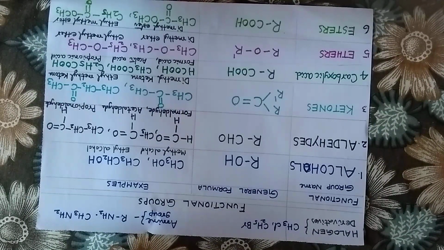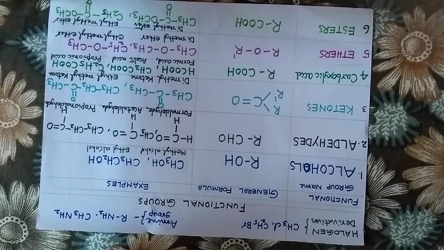What is the general form of alkyl group? CnH2n plus 1. Methyl, ethyl, propyl, butyl, these are called alkyls. So here dimethyl ether and ethyl methyl ether. And the last thing is ester. That is RCOOR dash, that is dimethyl ester. On both sides methyl is there. So one side is ethyl and another side is methyl, that is ethyl methyl ester.